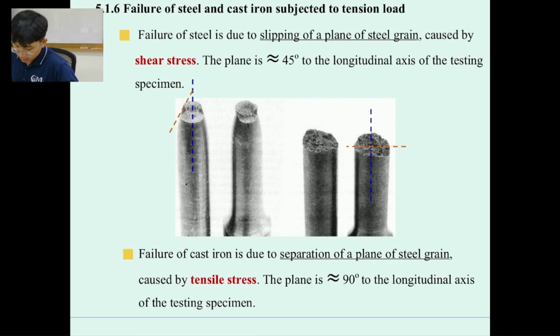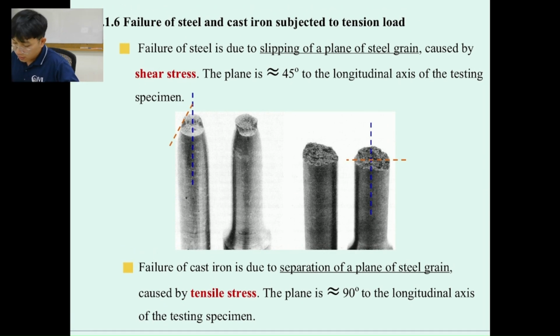Okay, and over here are the failures according to the tension. This one again, we have talked about already in the previous class. So if this one is a ductile material subject to tension, and you pull it, it's going to fail at 45 degrees, according to the shear.